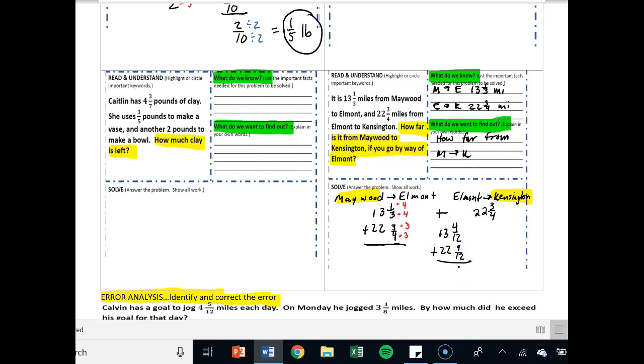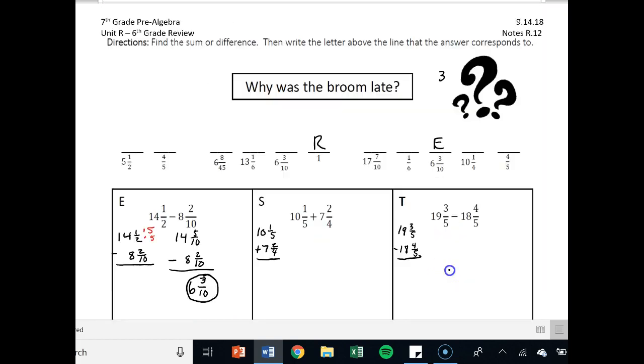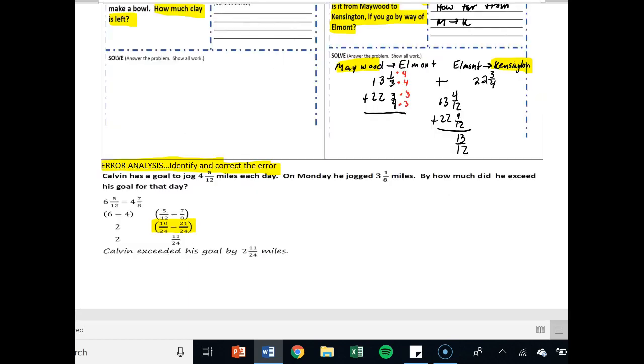When you add it up, you get 13/12 and you get 35, right? And so 35 and 13/12, you can obviously change that to 1 and 1/12 plus 35, and you'll get 36 and 1/12 miles.